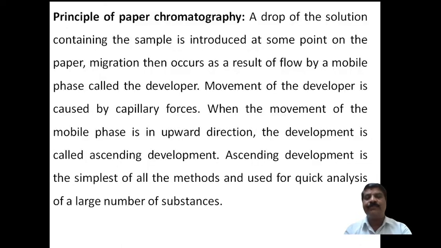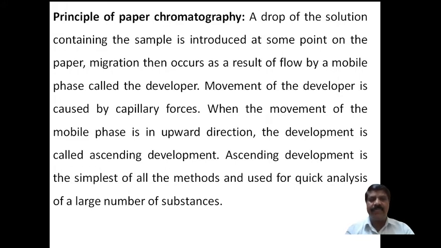Now coming to the principle of paper chromatography. A drop of solution containing the sample is introduced at some point on the paper, and migration then occurs as a result of the flow of a mobile phase called the developer.